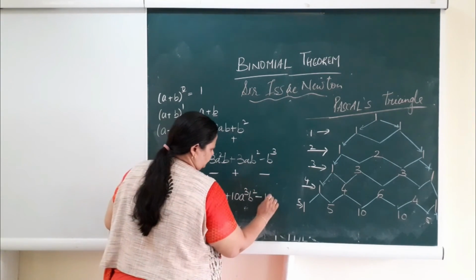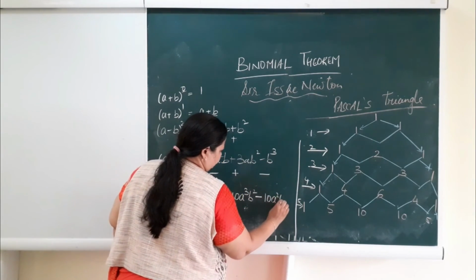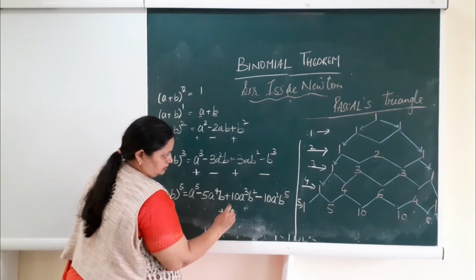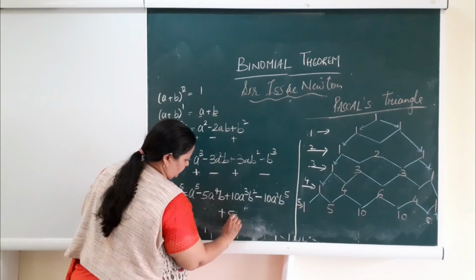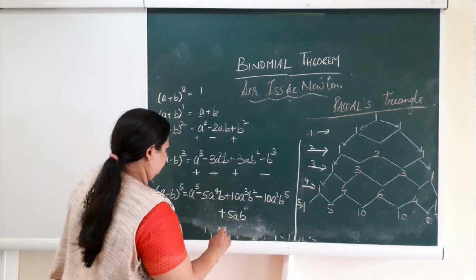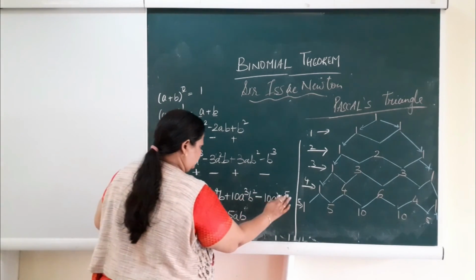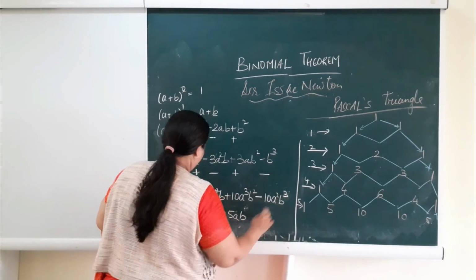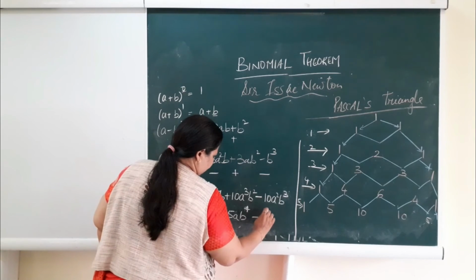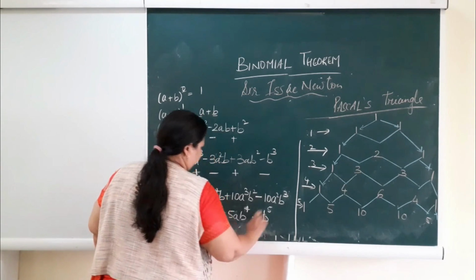Then again a 10, a^2 b^3. Then we'll have 5 a b^4. Sorry, something wrong I have done here. It should be 3. Then here we'll have 5, and then a negative sign. We'll have b raised to the power 5.